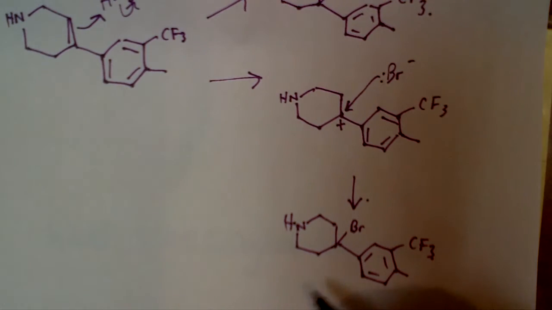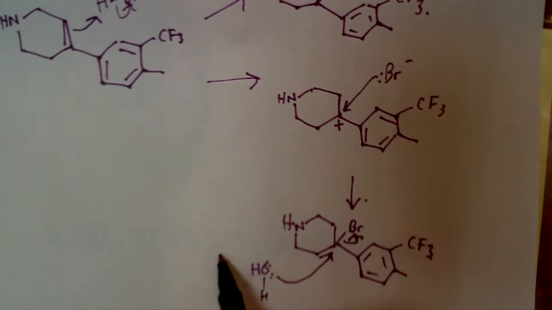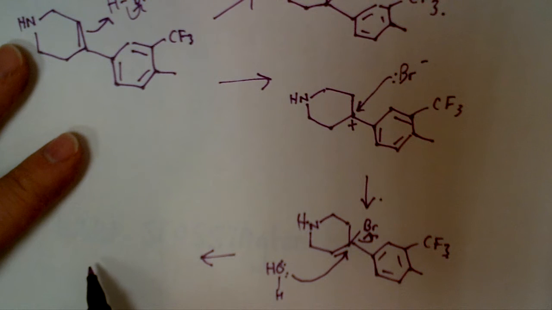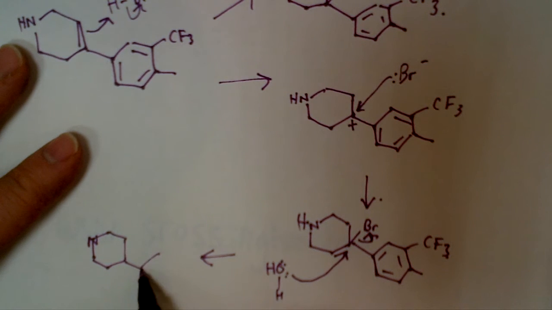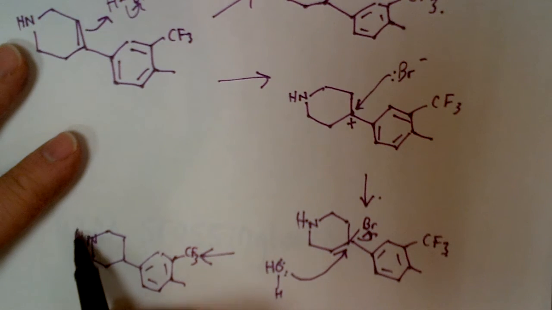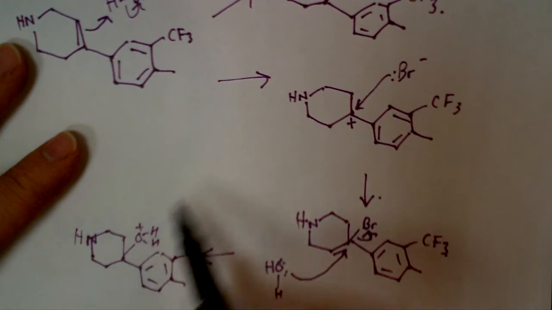And then we have in the reaction we have water. So the water molecule then with reflux could be nucleophilic and attack this carbon and break the carbon to bromine bond. So we would then get this kind of system, which would then collapse down to the product.